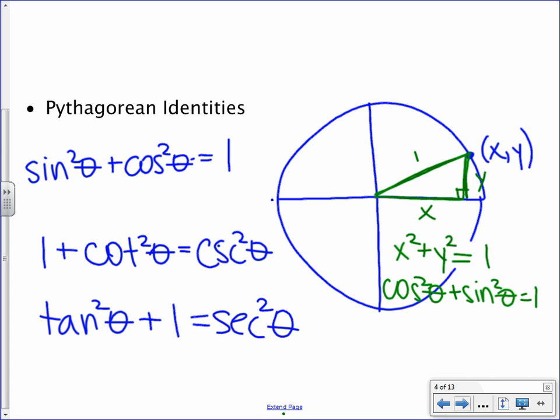You have to know these in order to be able to do anything we do here on out. Okay? Really, the Pythagorean identities are the ones that you're unfamiliar with at this point.